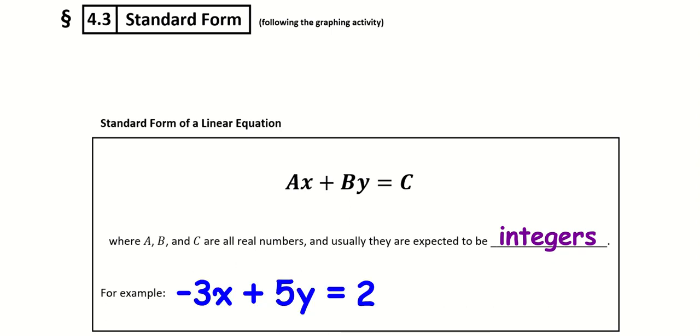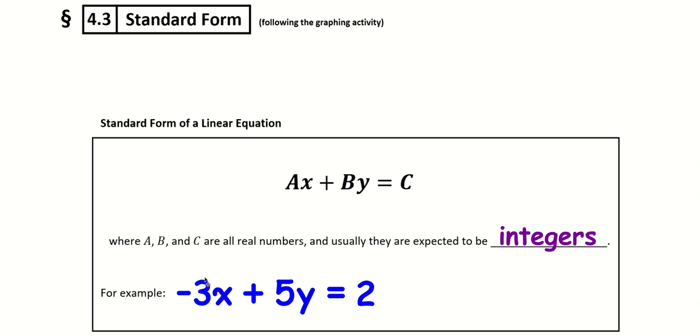And then for example, like this. This is just a random example of an equation that is in standard form. In other words, it just goes the x term, then the y term, then the equal sign, and then the regular number constant. So again, a, b, and c, they're all integers: -3, +5, +2.